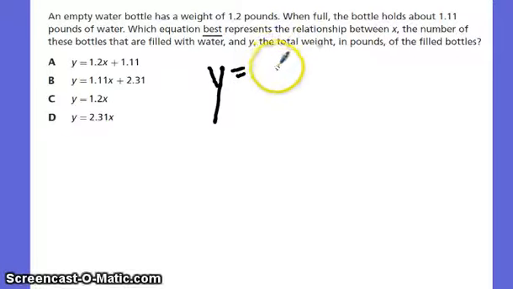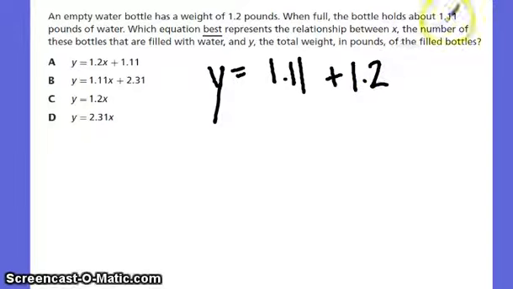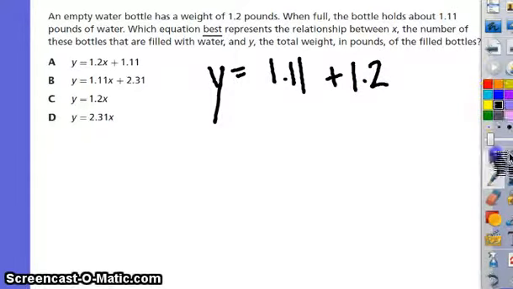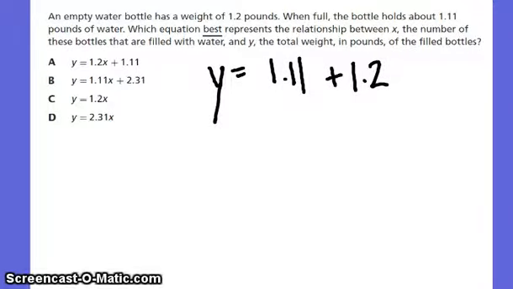So it's going to be 1.11 pounds plus 1.2. But we've got to figure out where the variable goes. Where does that x go? Does it go with both of them, or just one of those numbers?